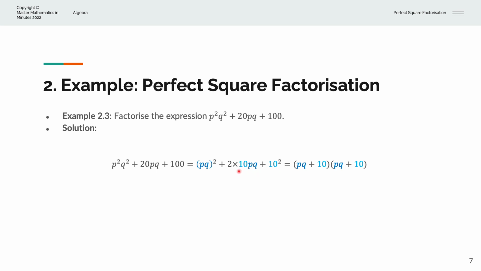So if we were to expand these terms, 2 multiplied by 10 pq is 20 pq, which matches the middle term. So this is now in the form of a squared plus 2ab plus b squared. And we saw earlier that this can be factorized to be a plus b multiplied by a plus b, or pq plus 10 multiplied by pq plus 10.